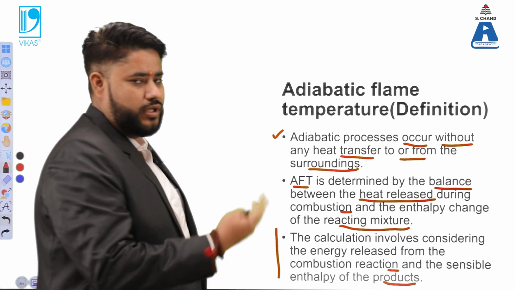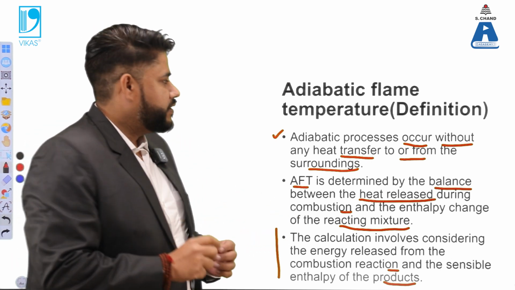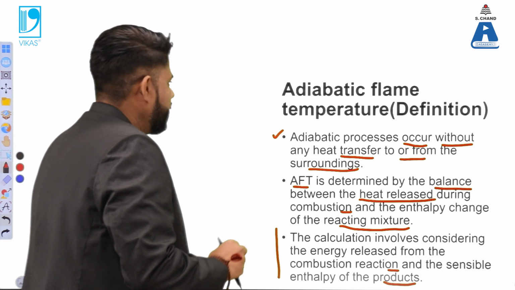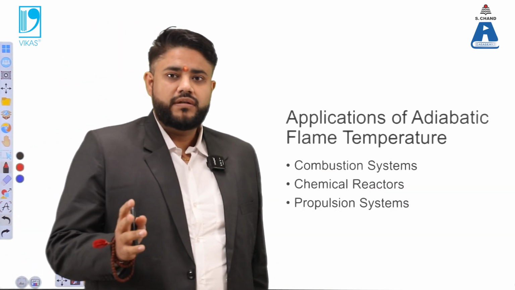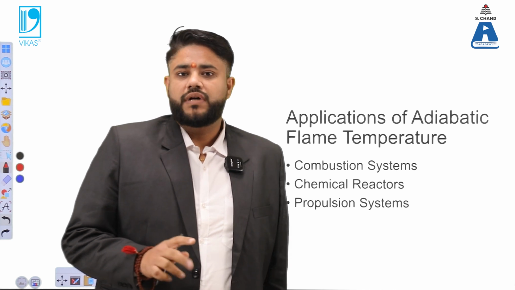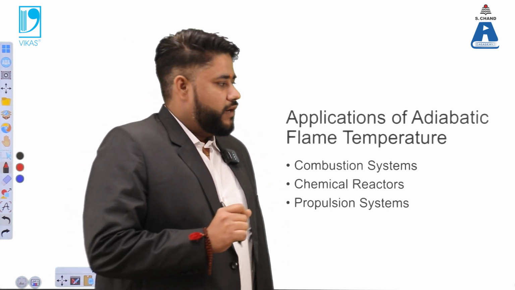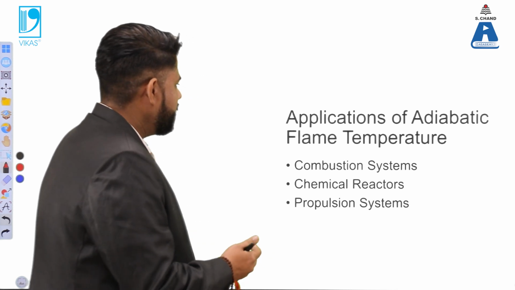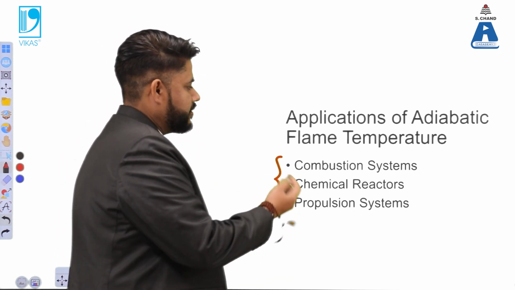We'll look at the formula for calculating adiabatic flame temperature in the later part. But before coming to the formula aspect of this particular property, we have to look at the application areas in which this is concerned.